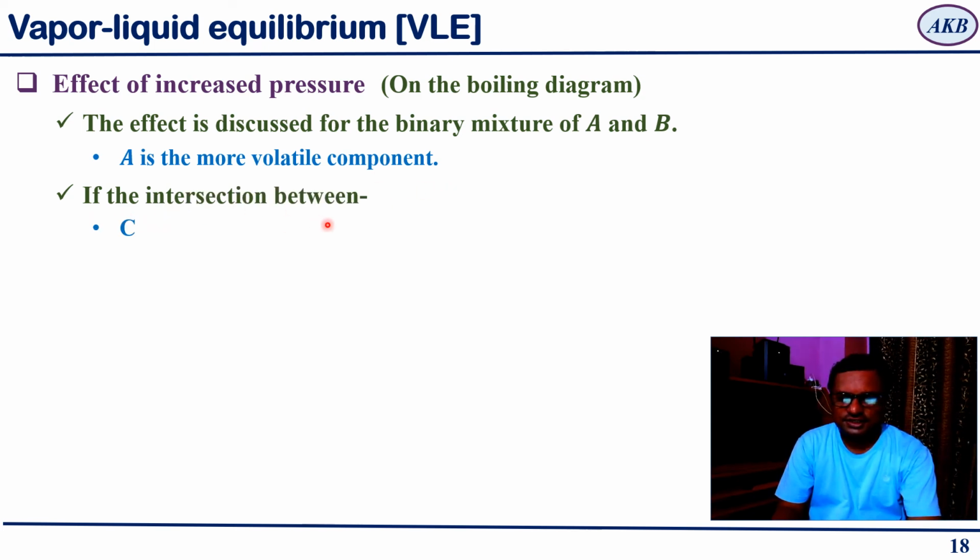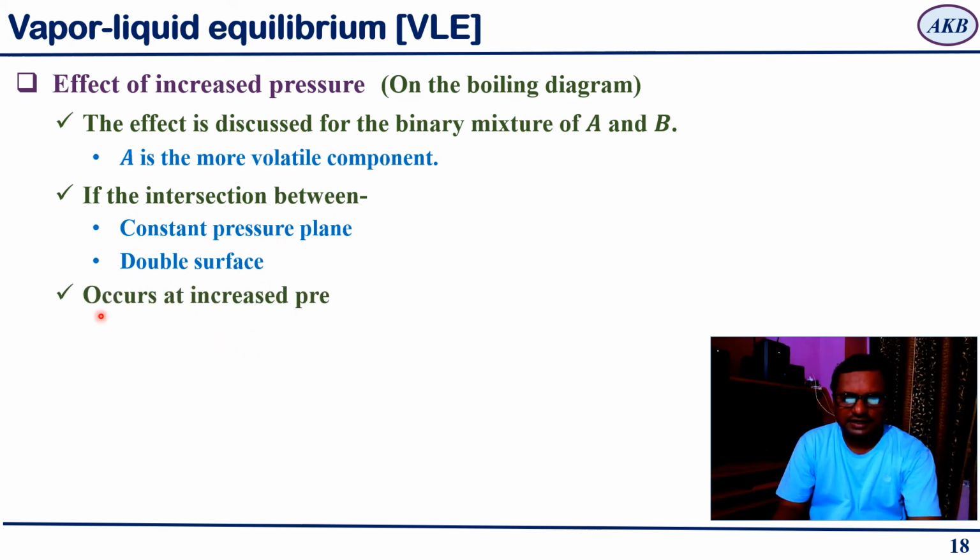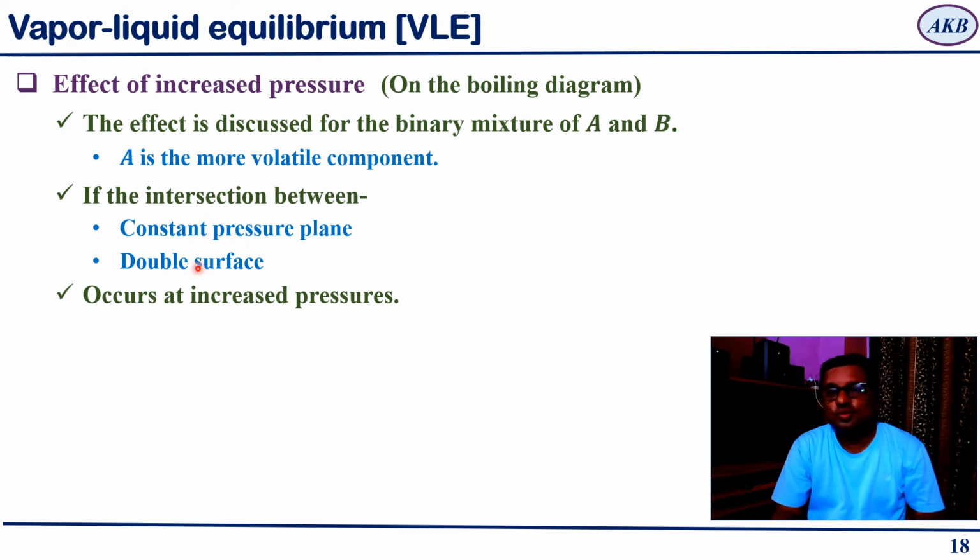If the intersection between the constant pressure plane and the double surface, which produces the loop curve, occurs at increased pressure, what happens?